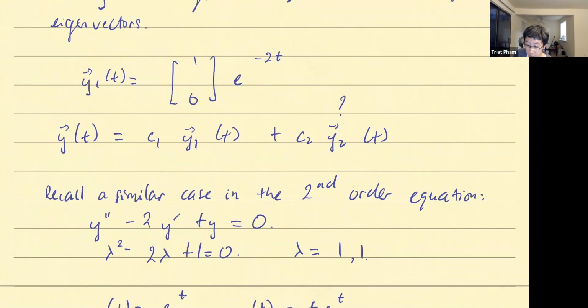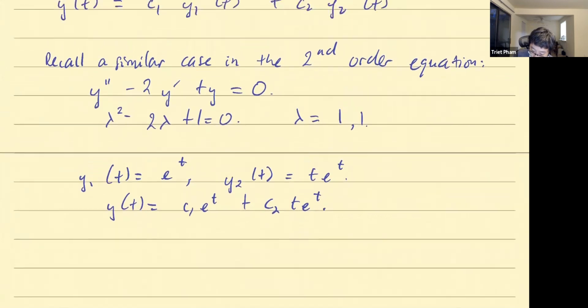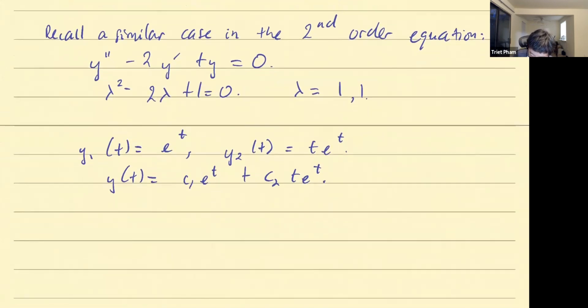We need to modify it. But roughly speaking, to produce a second solution here, we will do the multiply by t trick, as exemplified here.